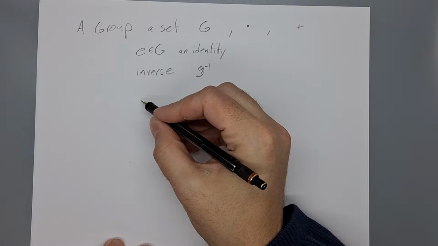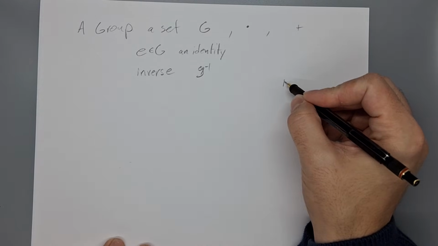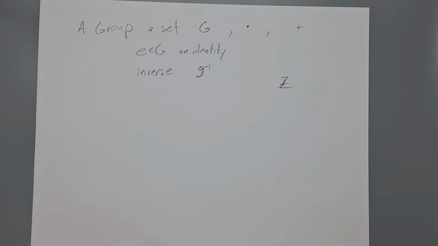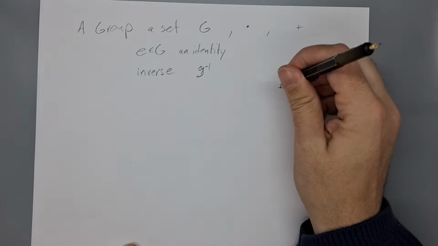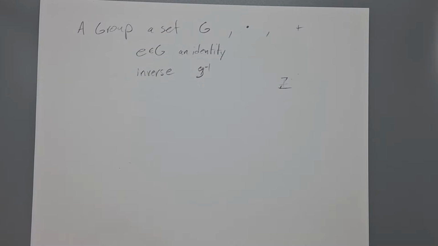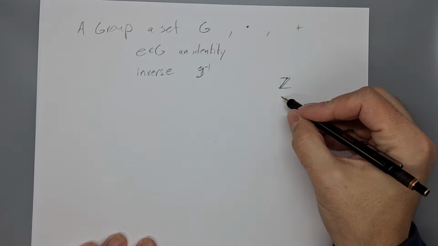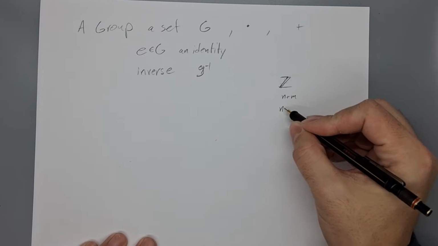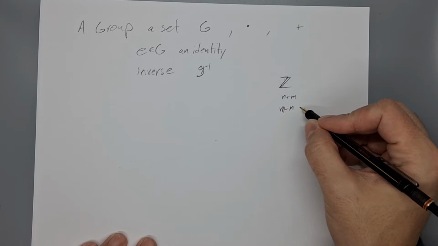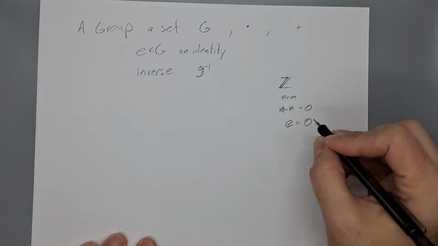What you should think of is something like the integers Z with addition and negation as the inverse. If you take integers, you can always take n plus m. You can subtract m from itself, and you get 0. In this case, the identity is 0.